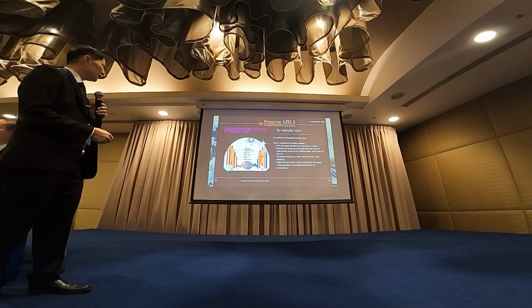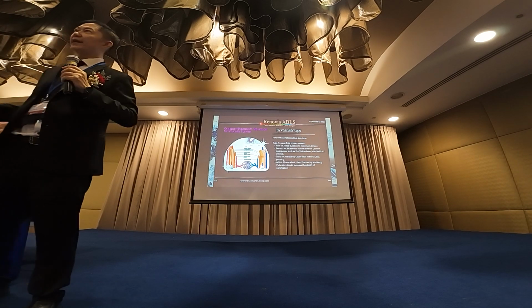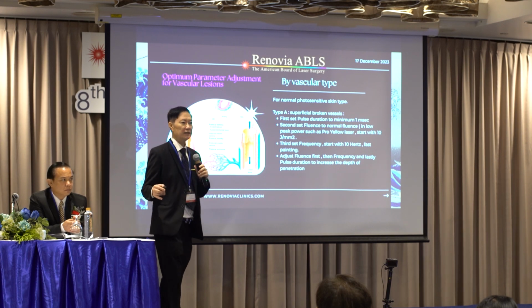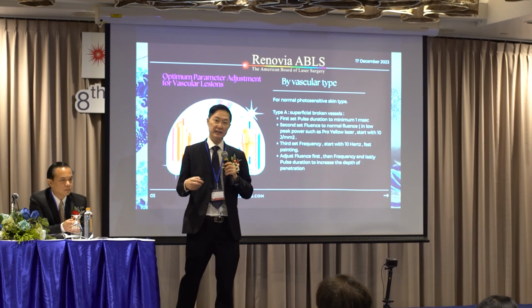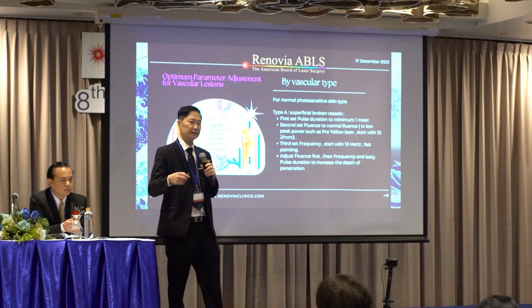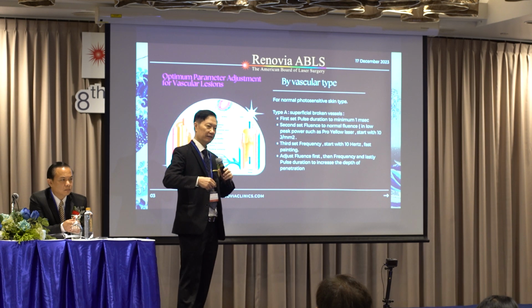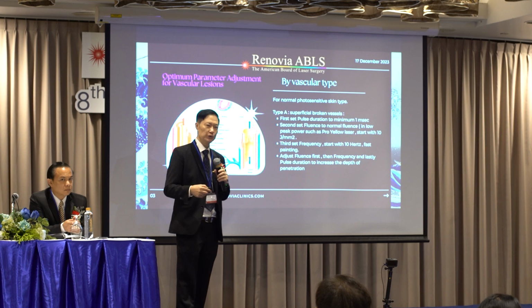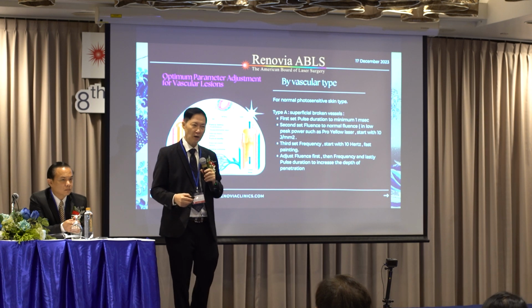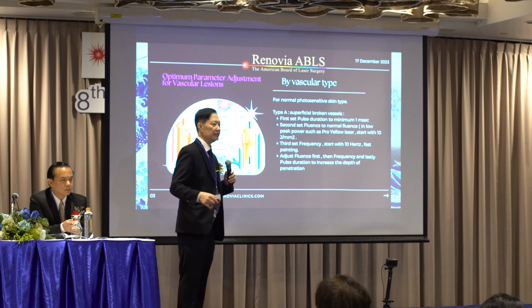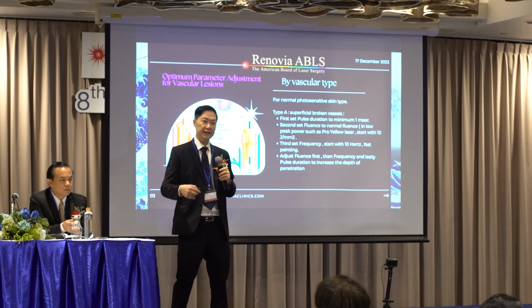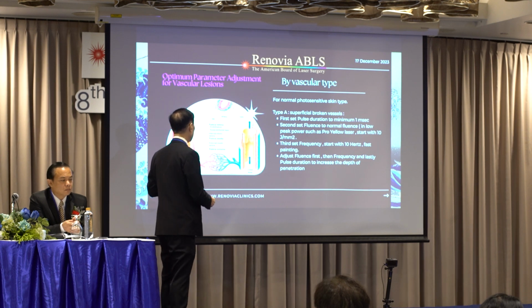You see, because the big vein is different from arteries because of the muscle layers. Vein has thinner muscle layers. For venules, no muscle layers at all. But for arteries, even arterioles, there are muscle layers and thicker muscle layers.